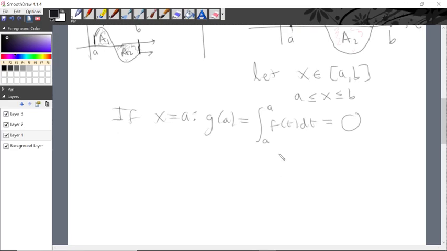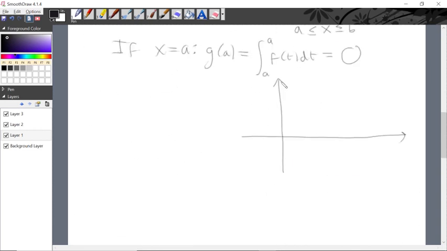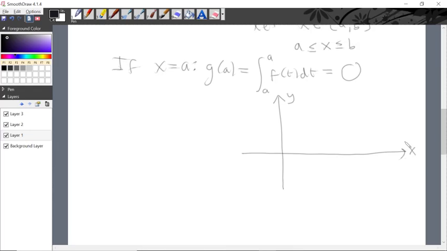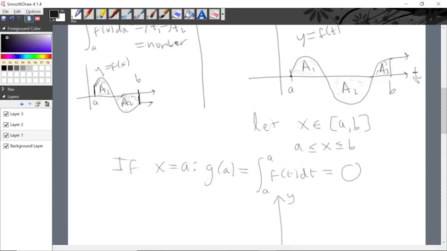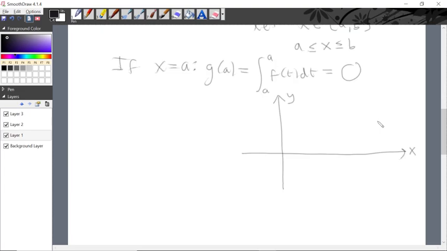And we can use that then as the first point on our function, the g of x function. Okay, so I'm going to start there. I'm going to create a grid here where now I'm trying to create a graph of the function g of x. So this can be the y-axis, and this is the x-axis now, right? Up here, this was the t-axis when we're talking about f of t. And now we have the x-axis so that we can graph g of x.